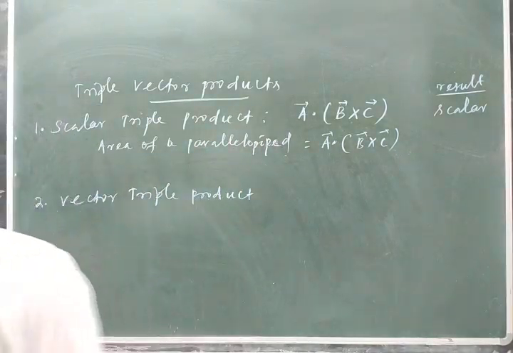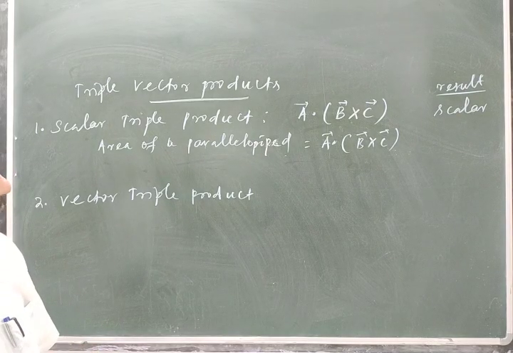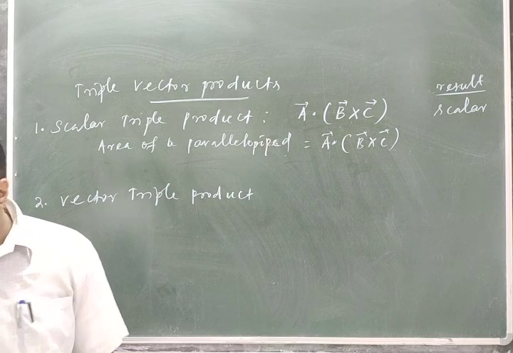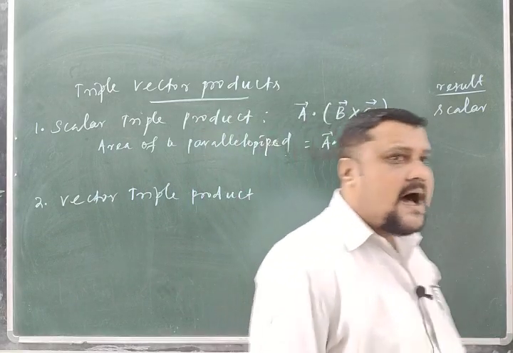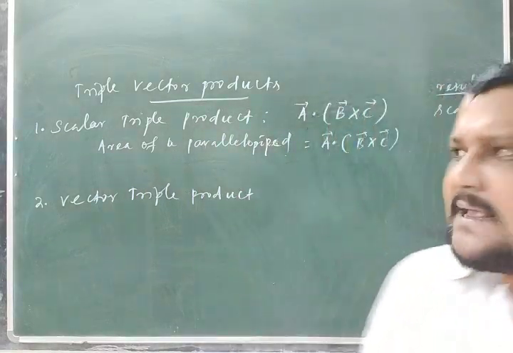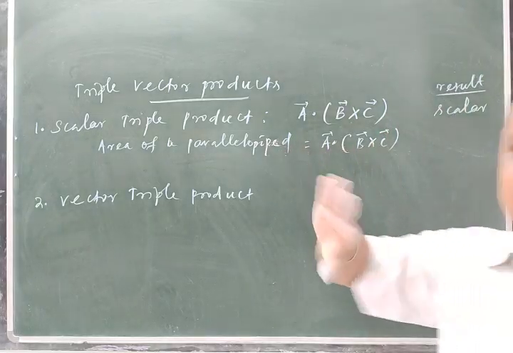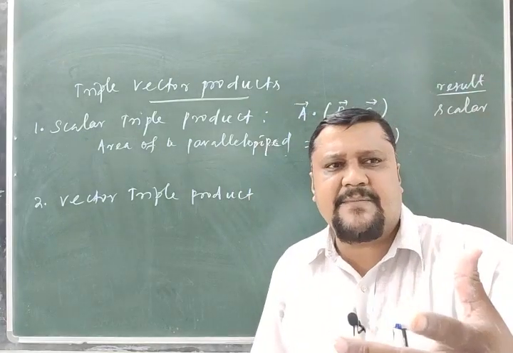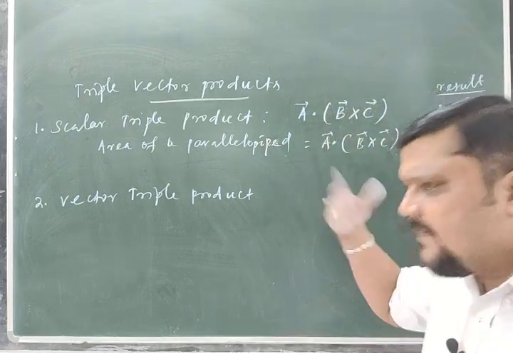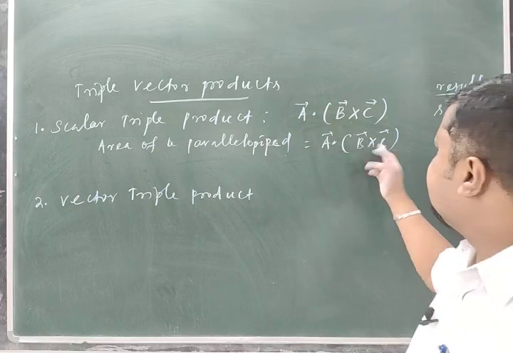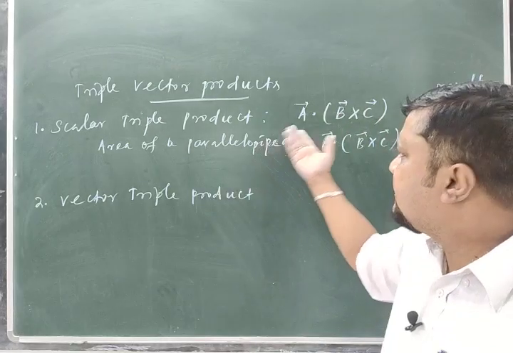But the most important thing here is, if A, B, C are coplanar. For a parallelepiped, obviously they are not in the same plane because it is a three-dimensional figure: two vectors in one plane, the other one in the other plane. These are along x and y, this will be along the z axis, because it is three-dimensional.